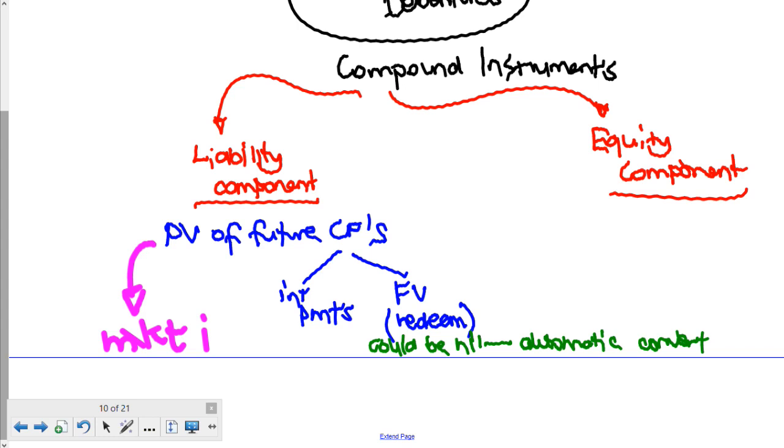They will have to give you a market I in the question. And we use a market I to calculate the liability component. Once we've worked out the liability component, the equity component is the balancing figure.